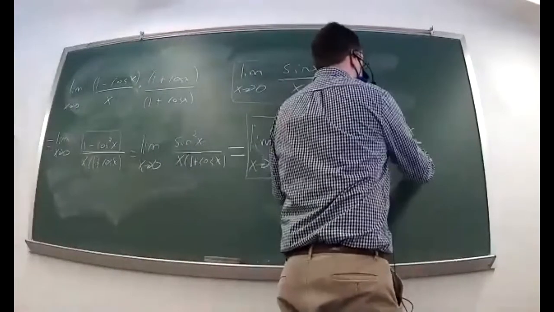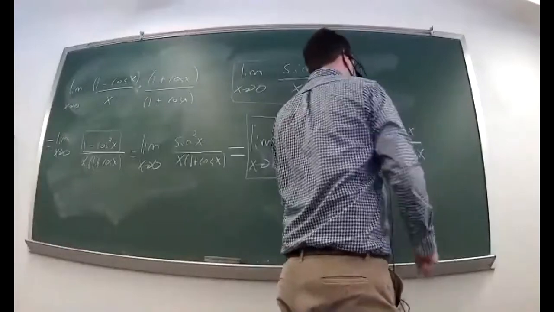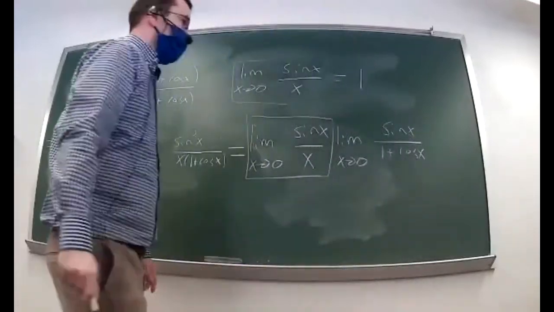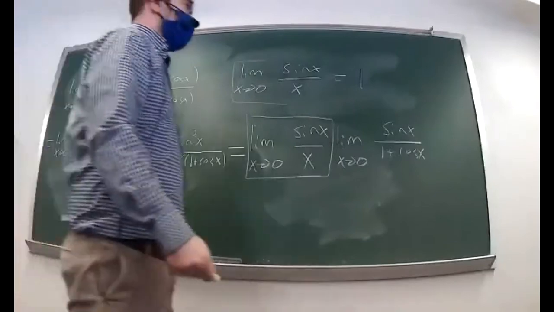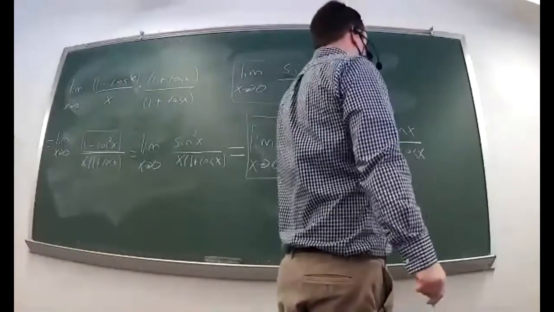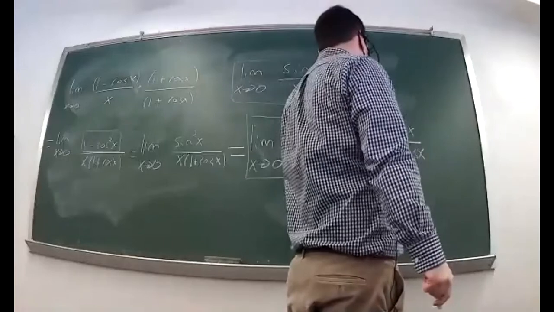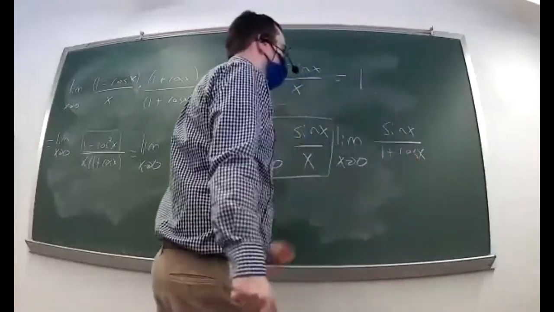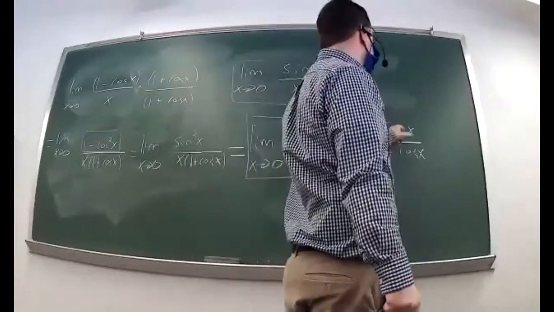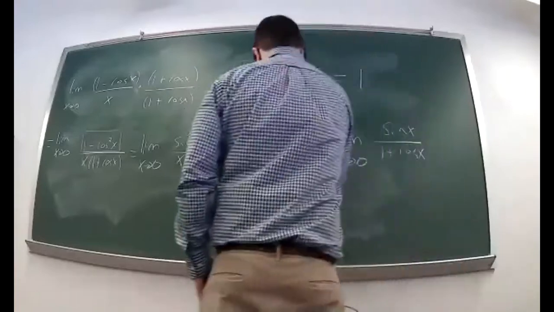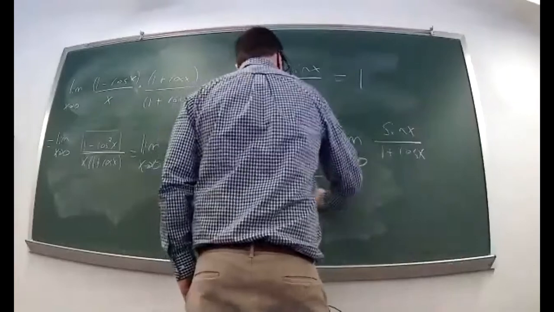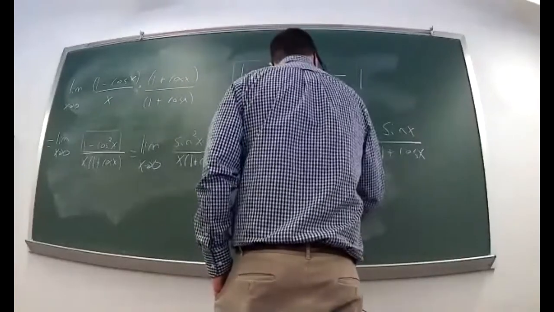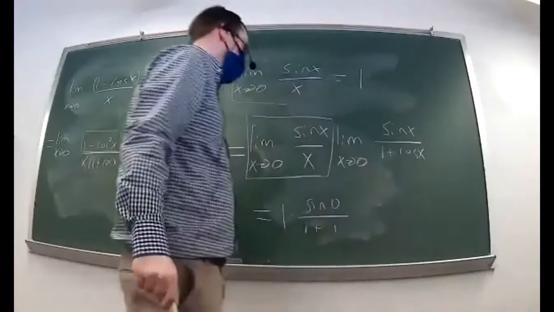And this one I can figure out because sine x over 1 plus cosine x is a continuous function. All the trig functions are continuous. Quotients of continuous functions are continuous, as long as all you have to check is the denominator is not equal to 0. So just plugging in 0 gives me sine 0. So this is 1 times sine of 0 over 1 plus cosine of 0.